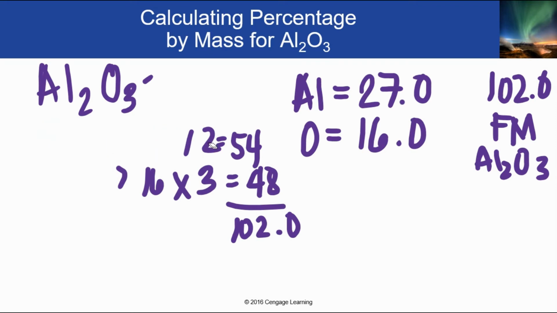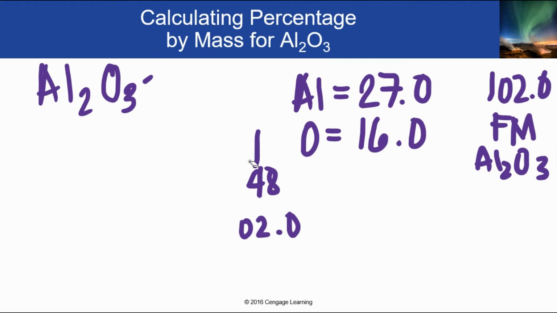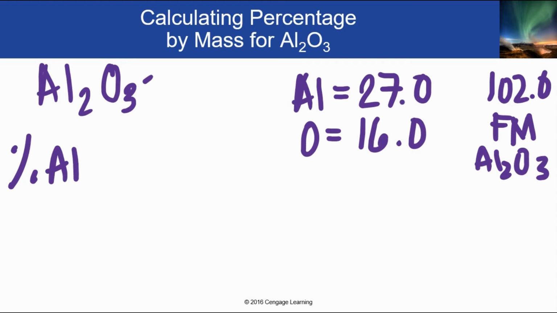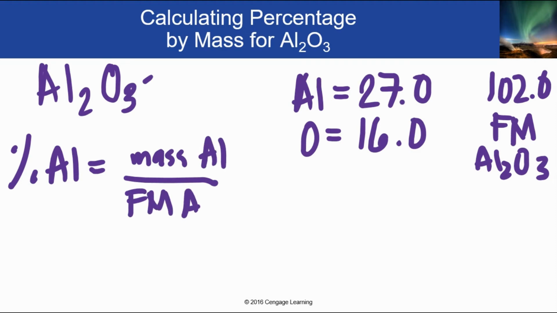Now, we're going to look for the percentage by mass of aluminum and oxygen. So, percentage by mass of aluminum is equal to mass of aluminum over formula mass of Al2O3. So, ganito din ang gawin natin sa oxygen.